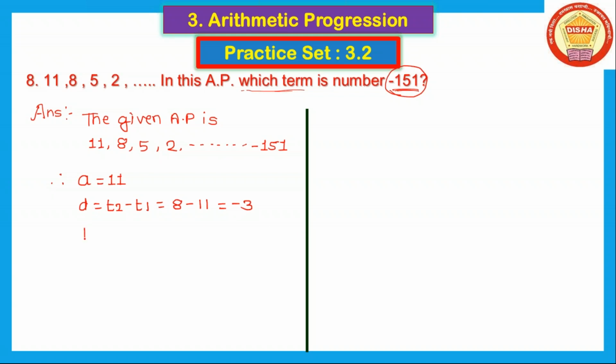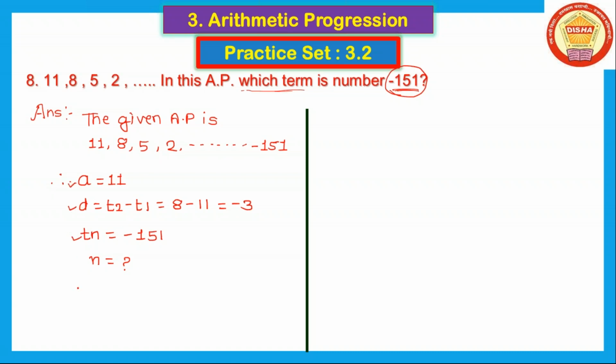And the last term, that is Tn, we consider here as negative 151. Means we have to find the number of terms, that is, we find n. To find n, Tn is given, A is given, and D is given.